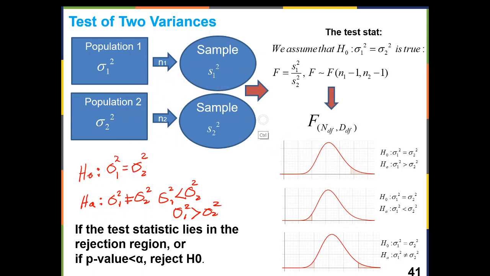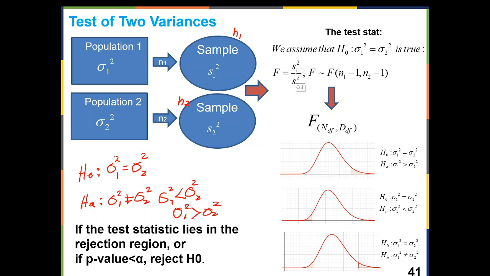Again, we can use the F distribution. In this case, F would be s1 squared divided by s2 squared, with numerator degrees of freedom n1 minus 1 and denominator degrees of freedom n2 minus 1.